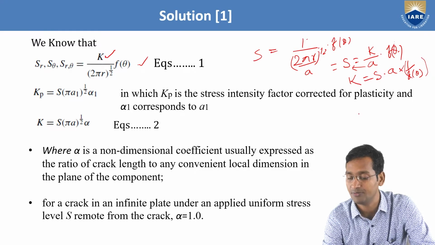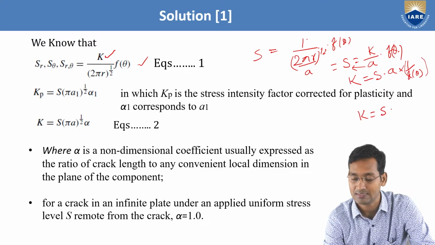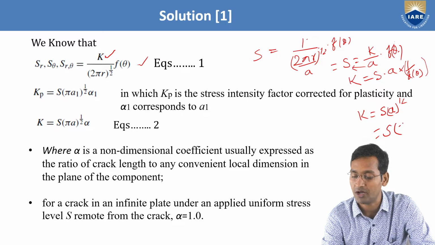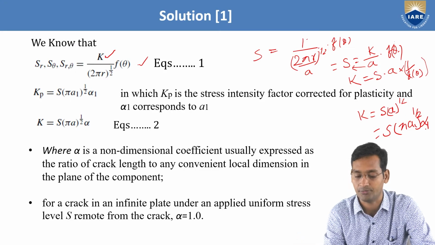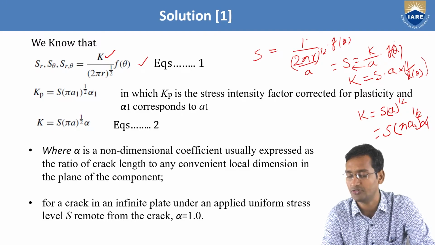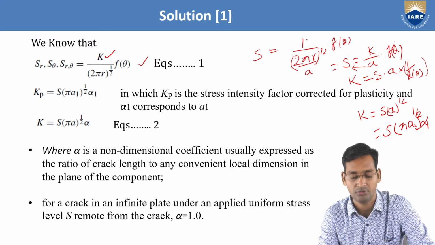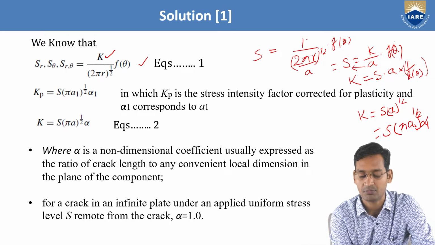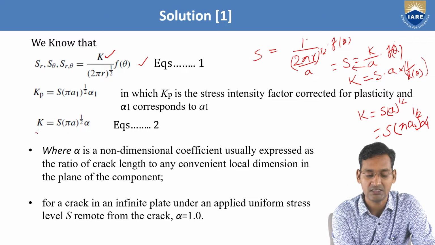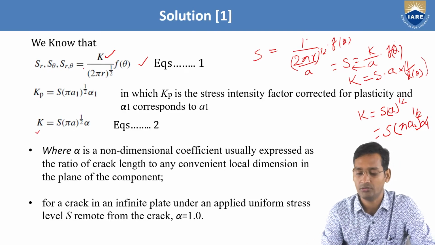So with this we get K equals S A, and from here we can write S equals this term, pi A1 to the power 1 by 2 into alpha 1, for the first coefficient. That's why alpha 1 is here, A1 we can take. For alpha, this will be A. So K equals S pi A to the power half into alpha. This is the stress intensity factor we can get from this equation.